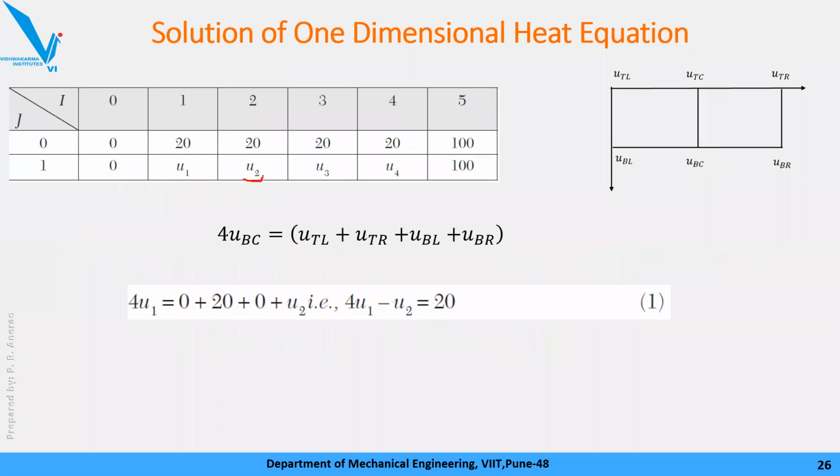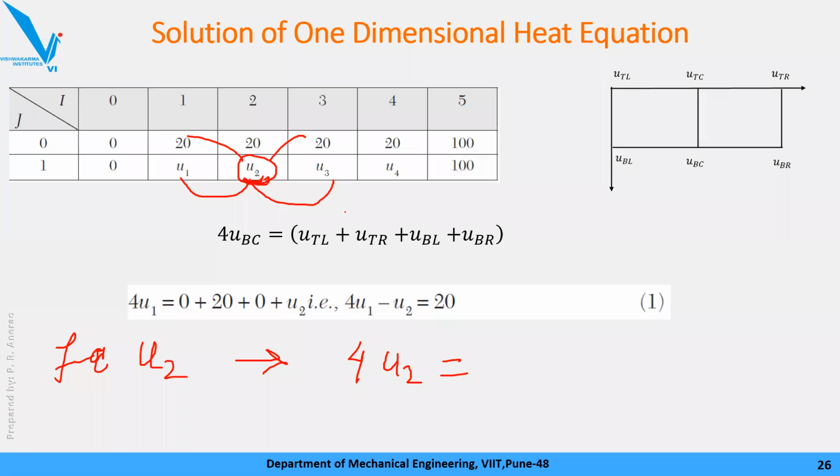Okay, similarly go for u2 again. So there might be some confusion, so I'm going to repeat the procedure. Now focus, if you would like to calculate u2, for u2 I'll write the equation for u2 assuming the central bottom point. So 4 times u2 equal to summation of left वाला point, right वाला point, top left, top right, u1 plus u3 plus 20 plus 20.